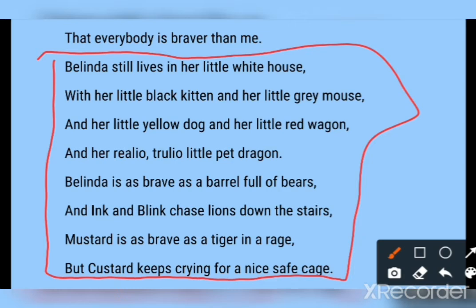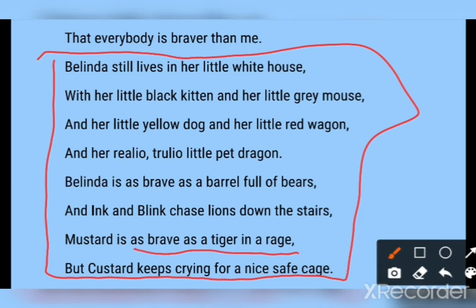This is: Belinda still lives in her little white house with her little black kitten and her little gray mouse and her little yellow dog and her little red wagon and her realio, trulio little pet dragon. Belinda is as brave as a barrel full of bears, and Ink and Blink chase lions down the stairs. Mustard is as brave as a tiger in rage, but Custard keeps crying for a nice safe cage.